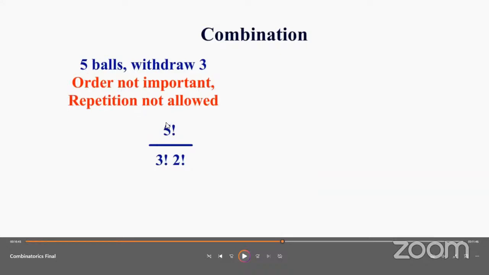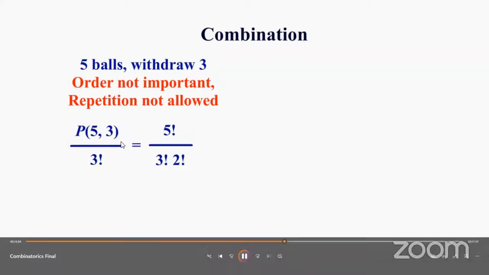You have that 5 here, and the 3 at the bottom, and also the remaining here. In the permutation, people sometimes make a mistake: what they put at the bottom is not 2 but 3. But this one is hard to get wrong, because you have 3 and 2 at the bottom, under the division.